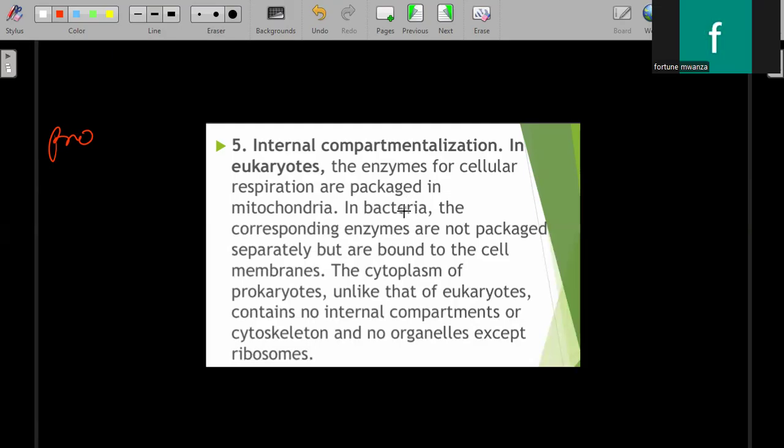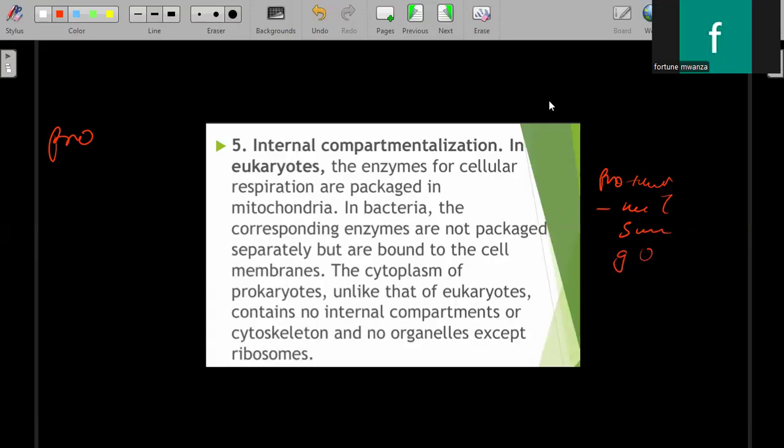So in short, in prokaryotes you don't have internal compartments. You don't have what we call organelles. Cell organelles are the mitochondria, the smooth endoplasmic reticulum, the Golgi apparatus.